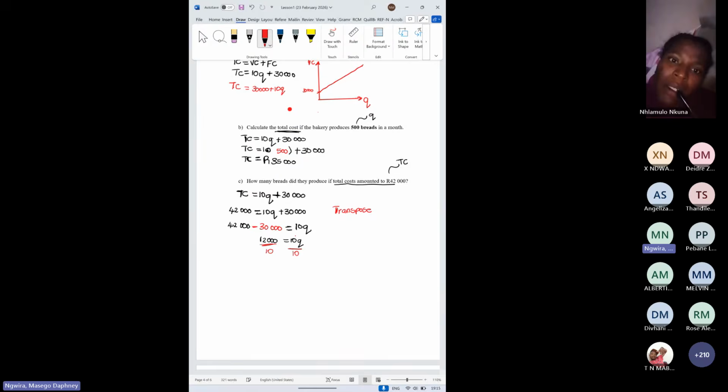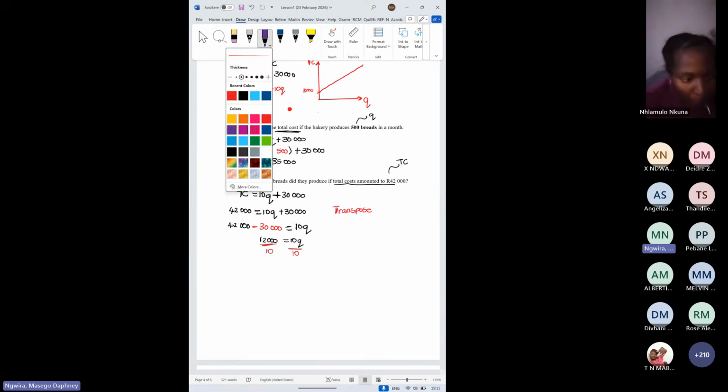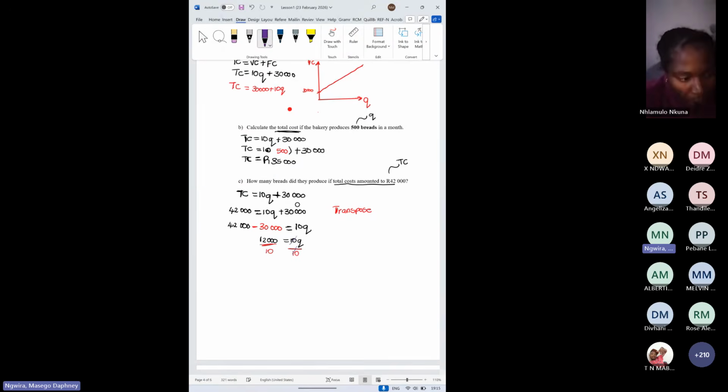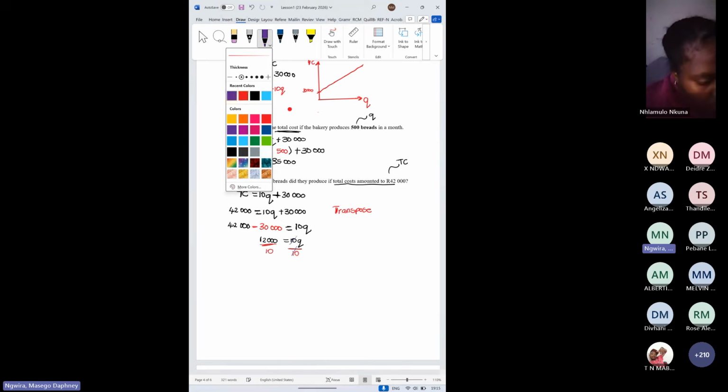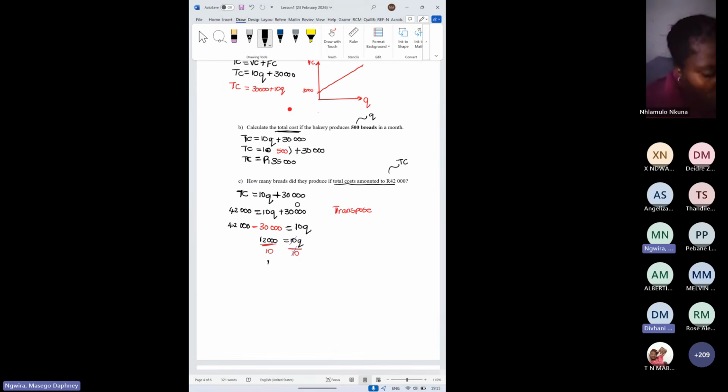This 10 cancels the other 10. That's how we remove it. Then when we divide, we get 1,200. So our Q will be 1,200.